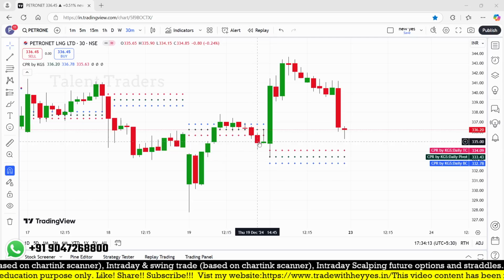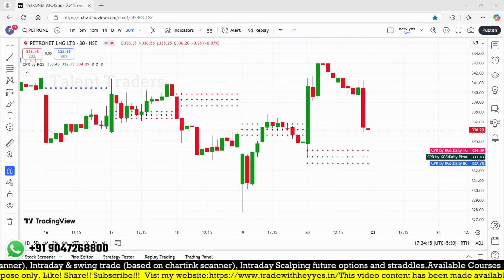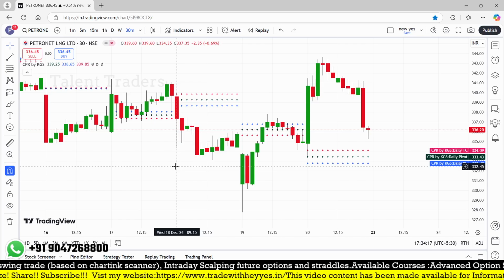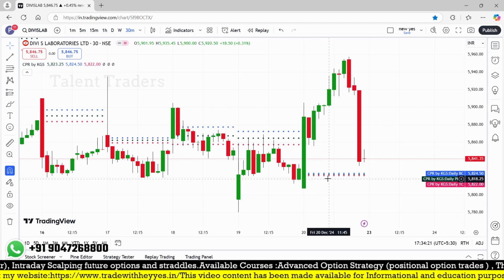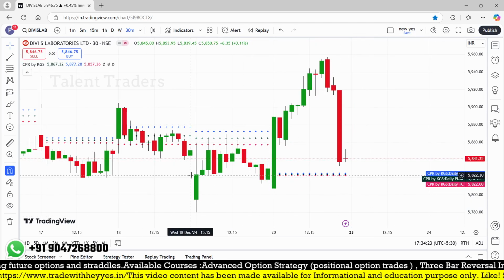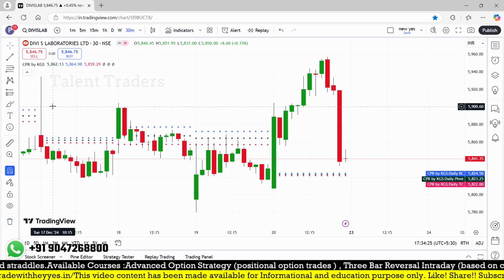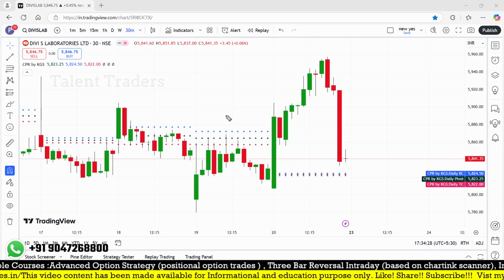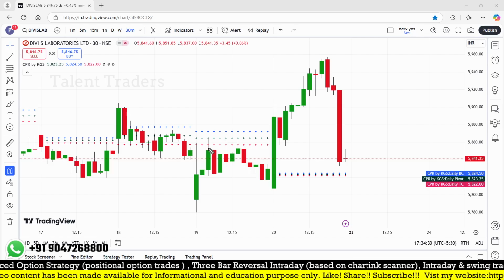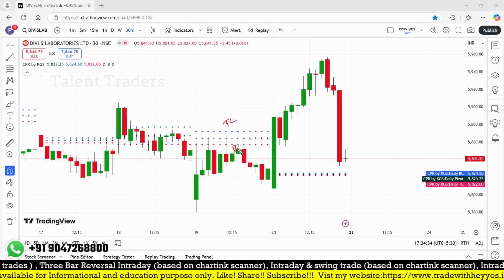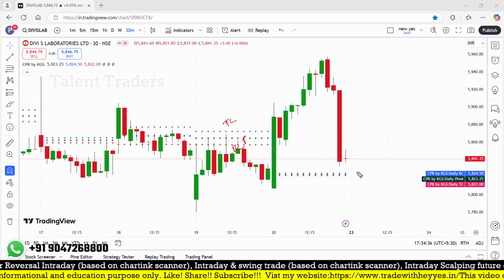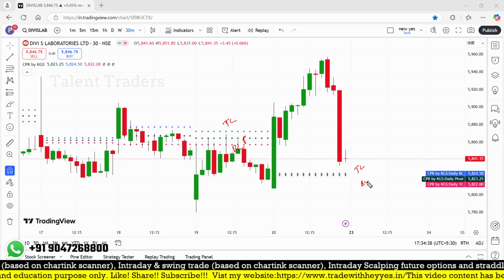So let me first check where narrow CPR is happening. Divi's Lab is a narrow CPR. You can see how this narrow CPR has happened. Compare the previous day's TC, BC and pivot with today's TC, BC and pivot.